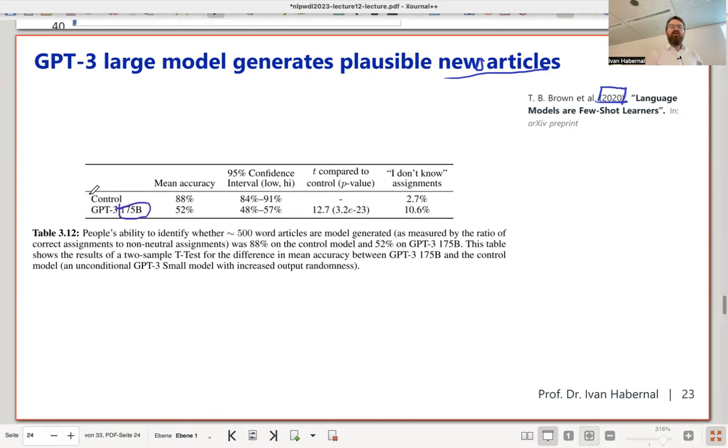They asked people whether they were able to identify whether roughly 500-word articles were model generated or not, whether the news was generated by GPT or written by a human. The bad news is that people are not able to distinguish that. The writing is so good that you cannot tell whether it was written by a human or GPT-3 in this setup.